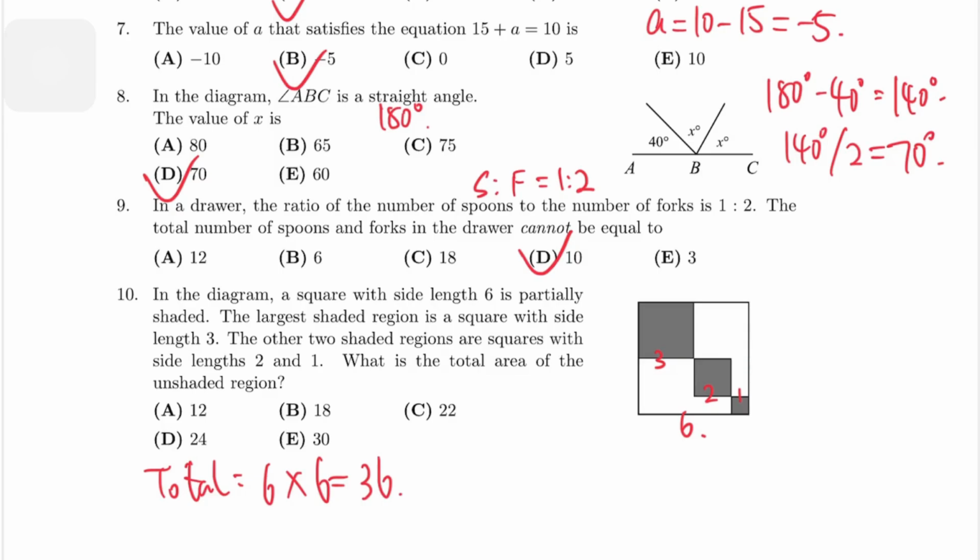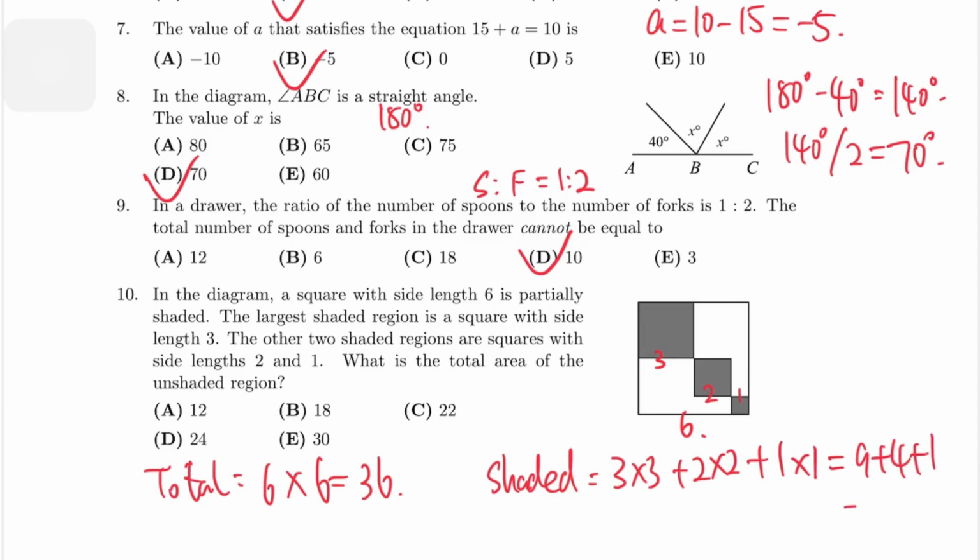Then the shaded area is 3 times 3 plus 2 times 2 plus 1 times 1, so it's 9 plus 4 plus 1, which is 14.